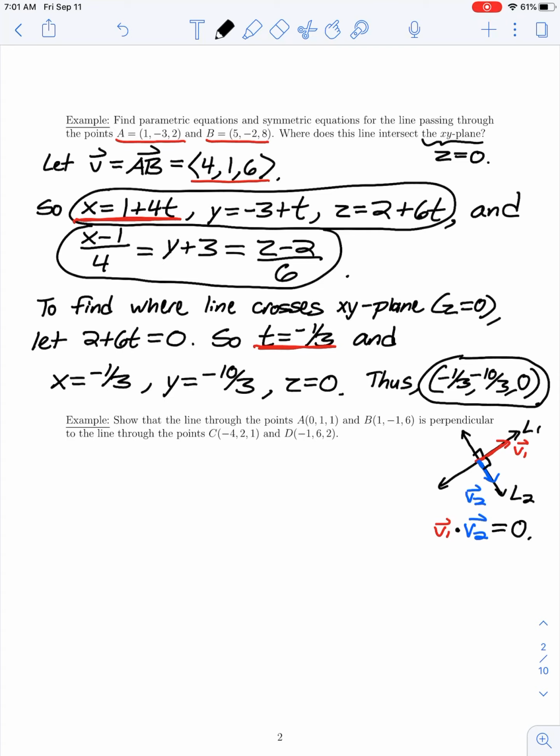So if we can find the direction vectors for these two lines and show that their dot product is 0, then we've shown that these two lines are perpendicular.